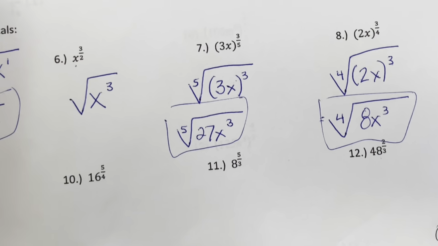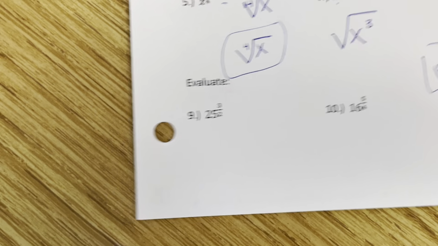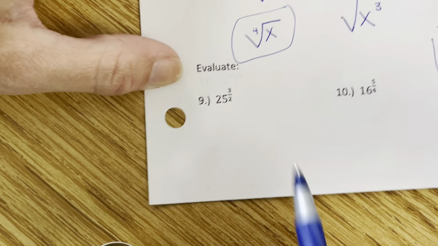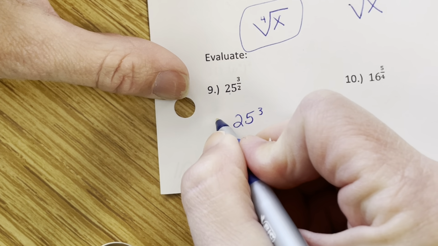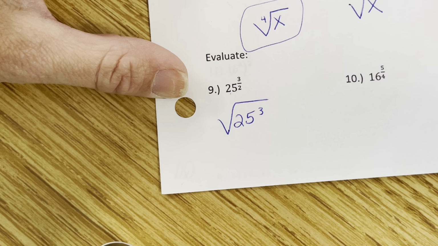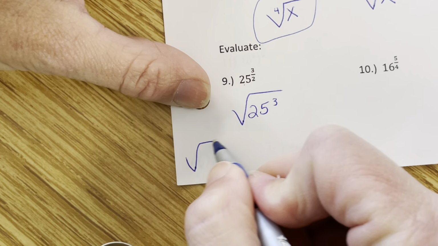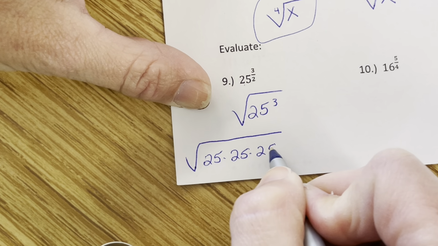Okay, now in the next few, he has you actually getting an answer. So the answers are going to have to be simplified when you're done. So here we got 25 to the 3rd square rooted. Probably no problem, right? But this can break down. So inside this square root, I have 25 times 25 times 25.